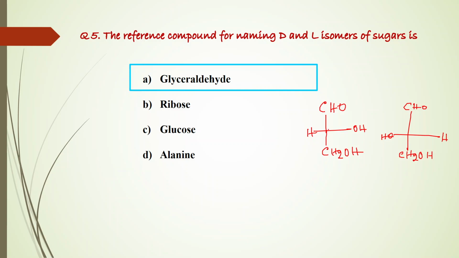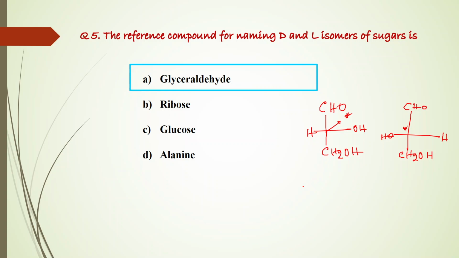Whenever you look at glyceraldehyde, this was the chiral carbon atom. This is your chiral center. So what does this chiral center mean? In case of carbon, there are 4 different substituents or 4 different functional groups attached to it. Only in that case we call it a chiral carbon or any chiral atom.